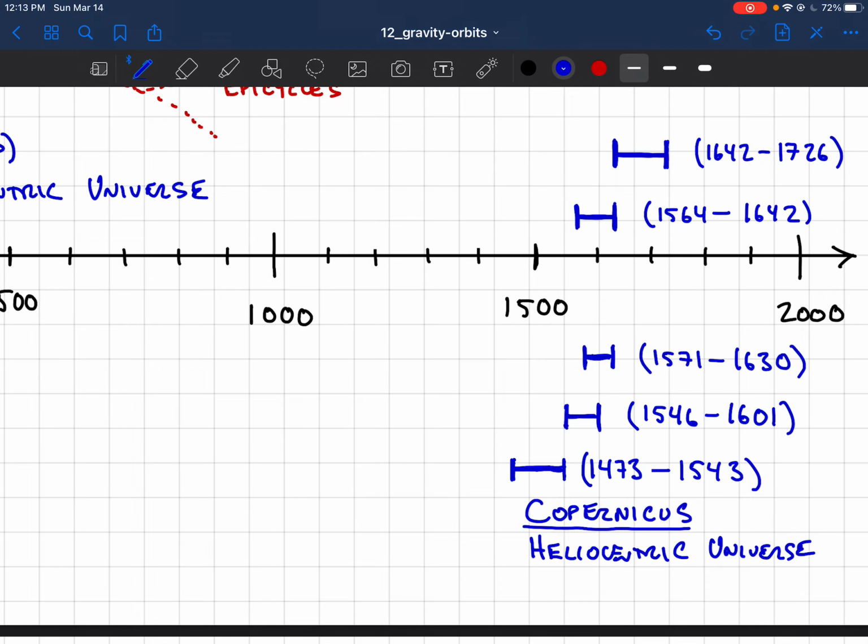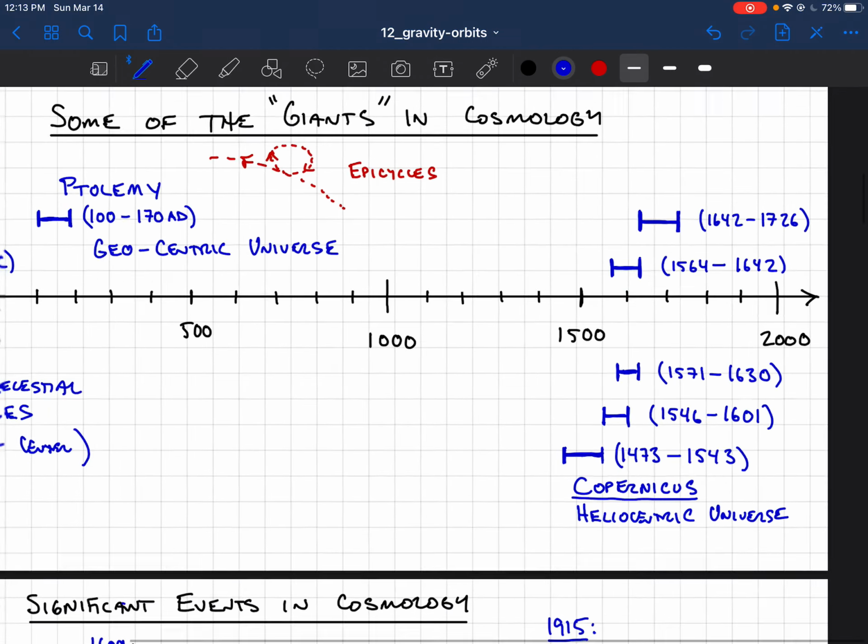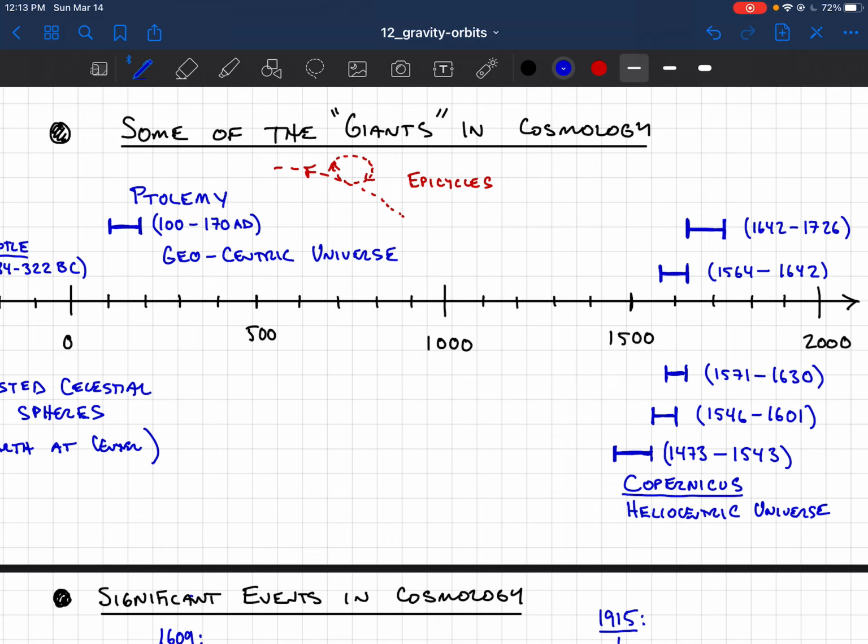So his idea, which was not simply philosophy, it was based on careful astronomical observations already at the time, was that things would fit together better if the sun was actually the center of our universe, and the Earth was not. And this was essentially blasphemy at the time.